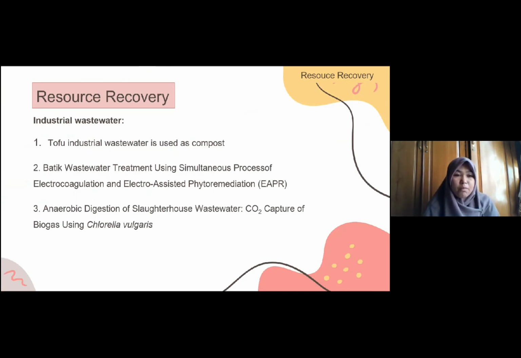In Indonesia, there is a food called tofu. It comes from soy, so the wastewater from tofu can be used as compost because it has enough nutrients needed for compost. The next one is batik wastewater.